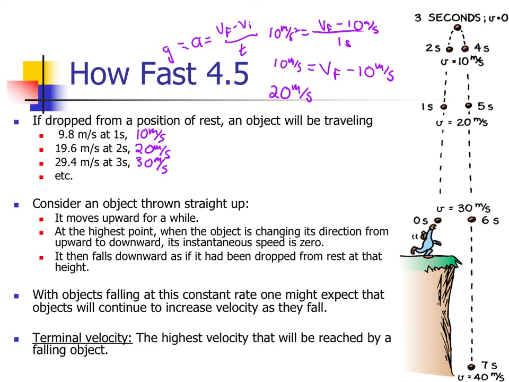Now, as the object starts falling down, we would expect it to speed up. At some point, way farther down, the velocity will no longer actually increase. And that's what's called a terminal velocity, meaning the velocity will no longer increase. When that happens, it means the acceleration is becoming constant.